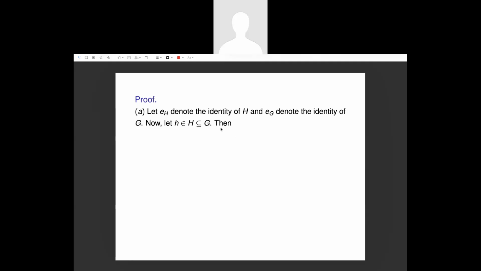Proof: let e_H denote the identity of H, and e_G denote the identity of G, and h is an element of H, which is a subset of G clearly. So h times e_H is equal to h by the definition of the identity element of H. Then h is also an element of G, so h times e_G is also equal to h.